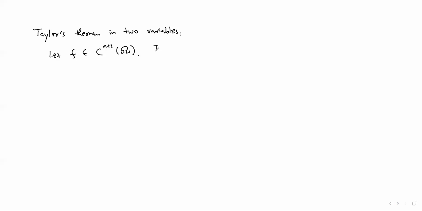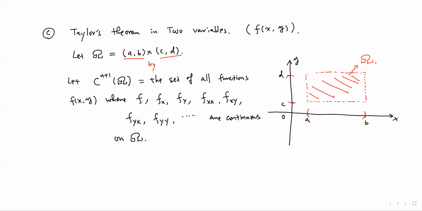Okay. Now if (x, y) and (x plus h, y plus k) are in the rectangle, inside the rectangle, yeah, here. I say this point (x, y), and this point (x plus h, y plus k). These two points are in omega.